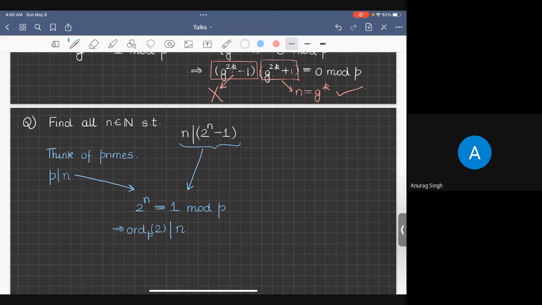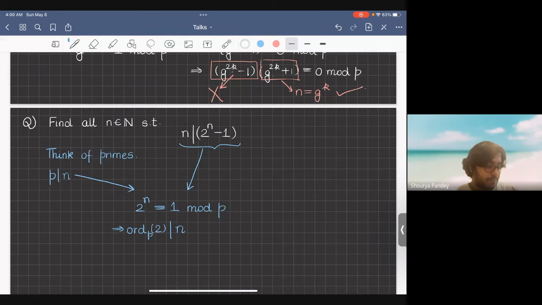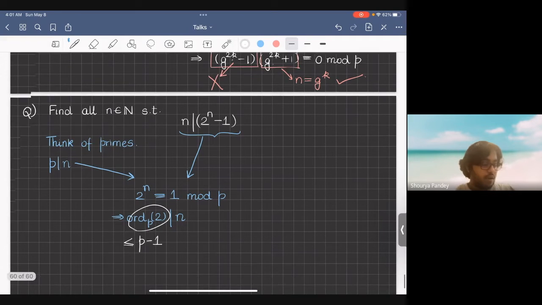Yes, that is not true. But do we have an upper bound on this? Yes, it is p minus 1. So we have an upper bound of p minus 1 on this, right?